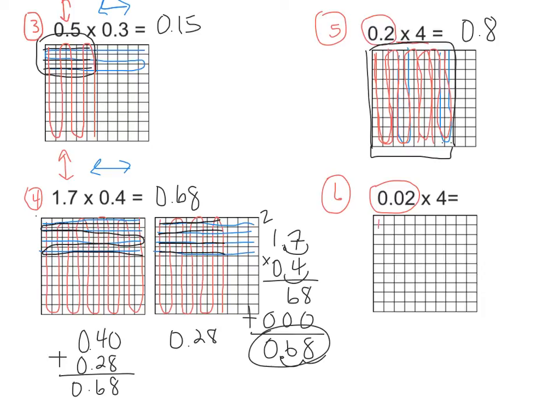So the only difference here is I'm going to do 2 squares once, 2 squares twice, 3 times, 4 times. And if I count how many of these squares were shaded, that is 1, 2, 3, 4, 5, 6, 7, 8 hundredths. So my answer is 0 and 8 hundredths.